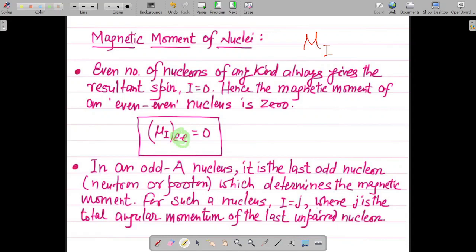EE means even. So mu I, the magnetic moment for an even-even nucleus, is equal to 0. This is an experimentally determined fact.